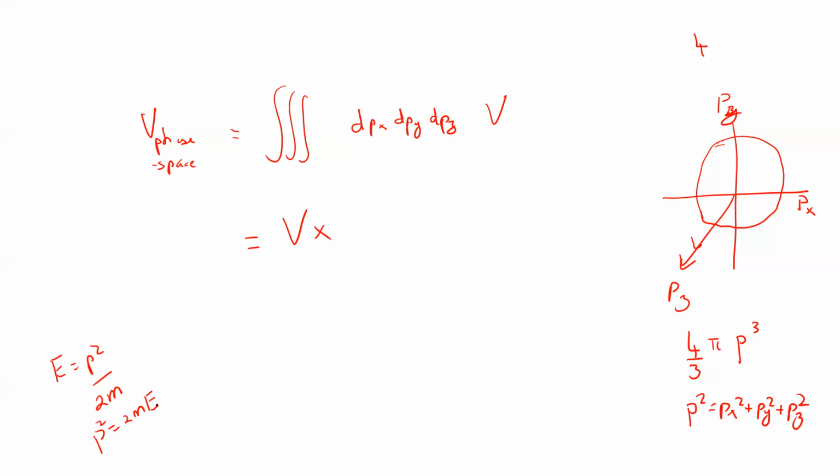When you do that, you can substitute in terms of E itself here: 4 pi by 3 into 2mE to the power of 3 by 2.